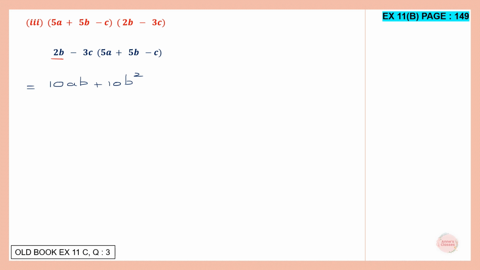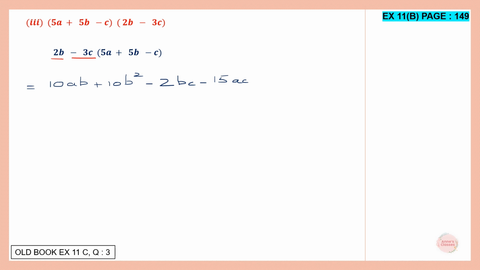Let's multiply 2b into minus c. The sign is minus. The number is 2. b into c is bc. So that is also over. Now let's take the next term, that is minus 3c into the first term here. The sign is minus, and then the numbers 3 5s are 15. c into a, ca or ac in alphabetical order.